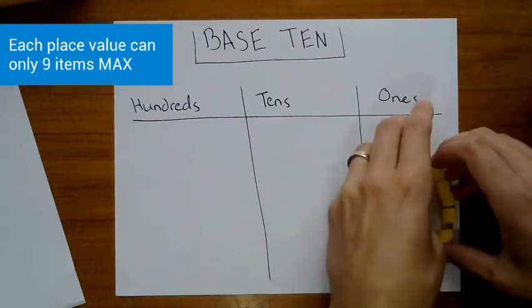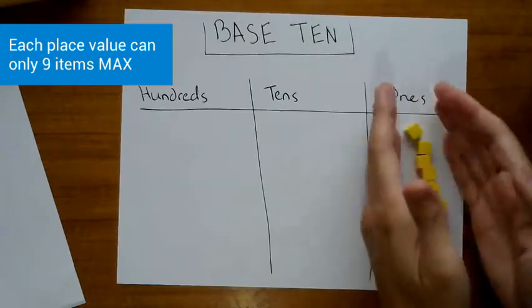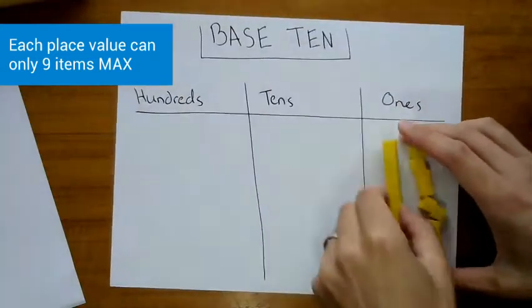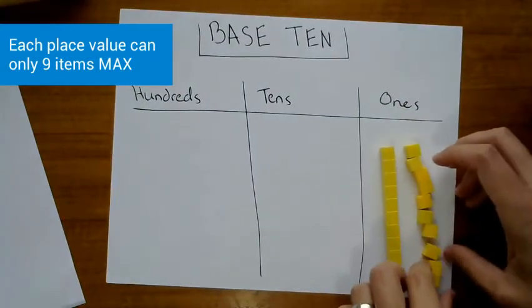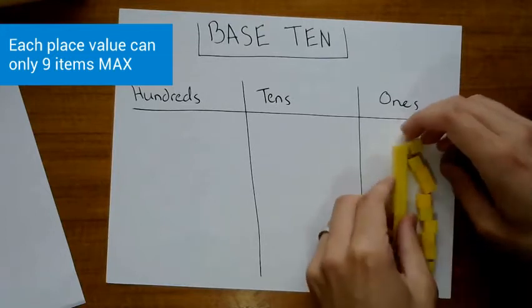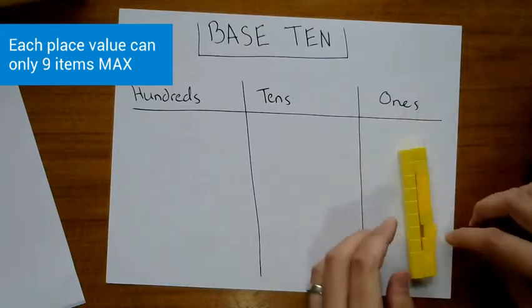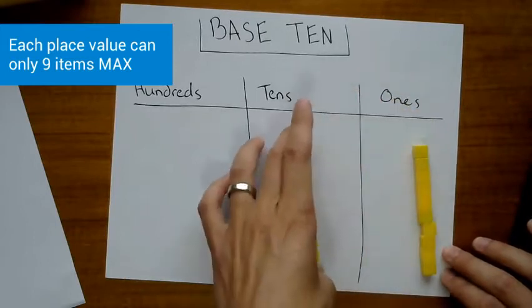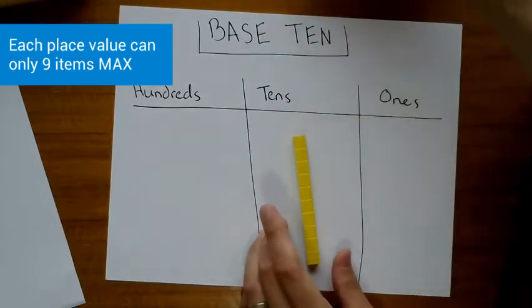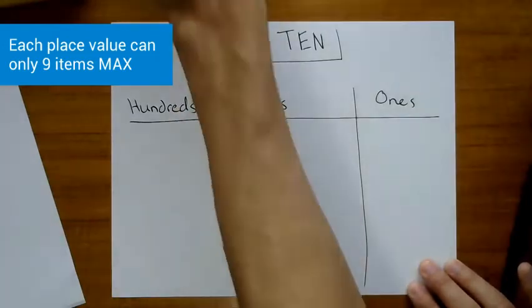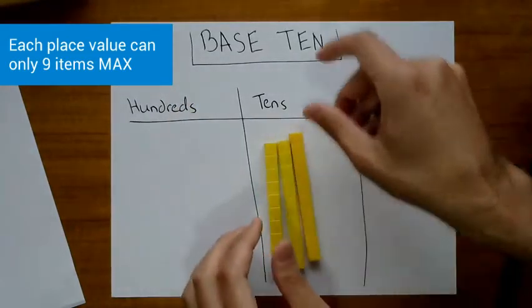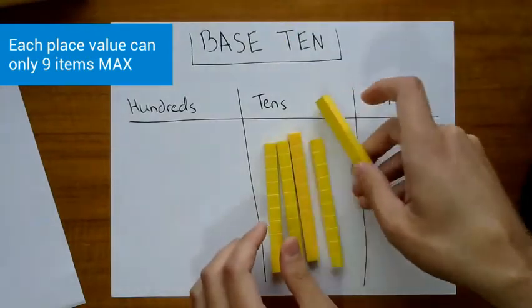These 10 need to make a ten. These can be made into a tens rod, and now it needs to go to the next place value. That was easy. Now, in the tens place, I can have 1 ten, 2 tens, 3 tens, 4 tens, 5 tens.